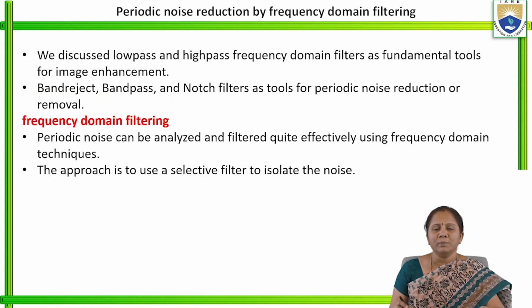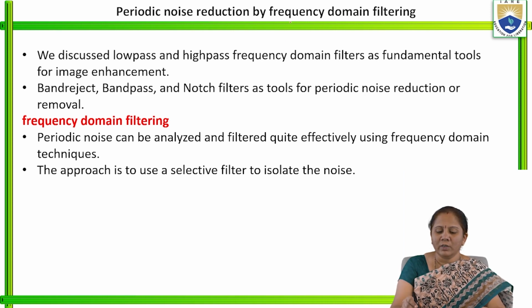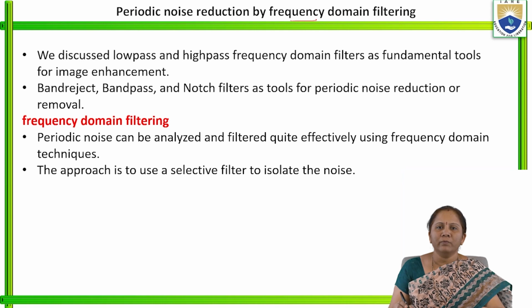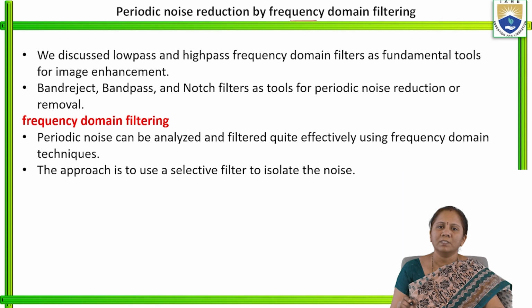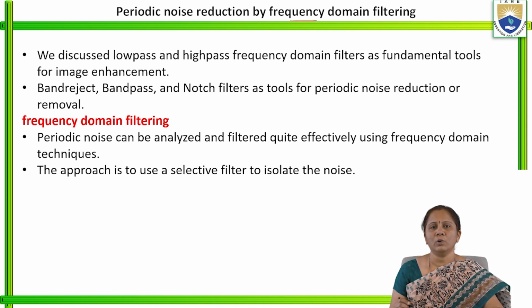Now, coming to the detailed discussion, periodic noise reduction by frequency domain filtering means the periodic noise will be reduced in the frequency domain by using different types of filters. In the previous module, we discussed image enhancement, and we also saw the different filters that can be used for image enhancement.